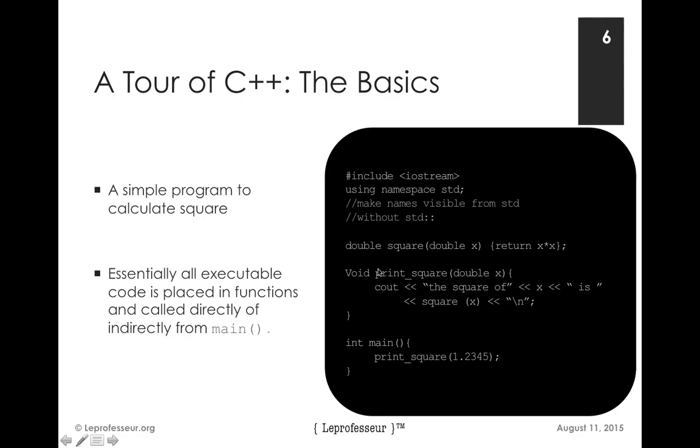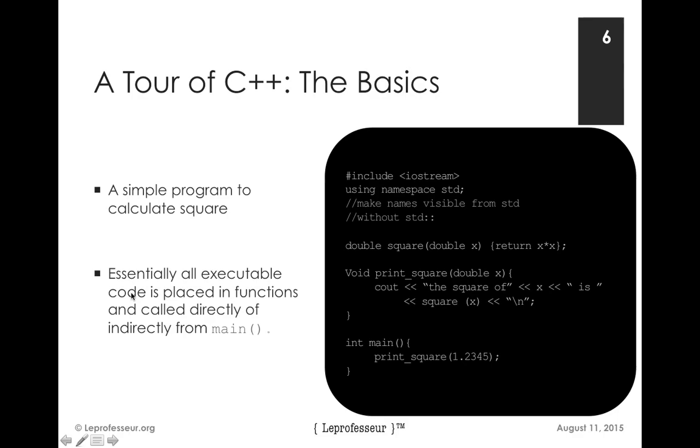Now, we had a problem: get the square of this variable. We chopped this problem into two functions: one to calculate the square, the second to print. Now how do we call these functions in our main function? We write main and print_square, and in the brackets whatever value we want, and when we execute this, we get the result, which is the square of this value.